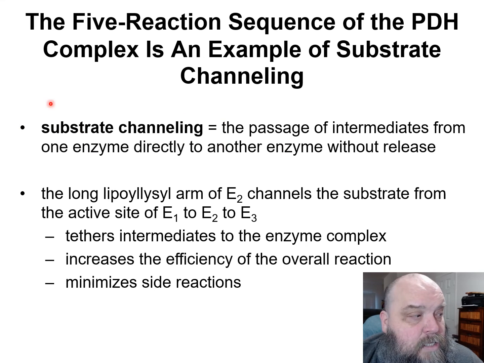They refer to this continuous passing on as substrate channeling. This is different than many of the other metabolic pathways we've seen, where an enzyme takes its substrate, turns it into product, releases it, and then the next enzyme in that pathway will take the product, which is now its substrate, turns it into a product, releases it.